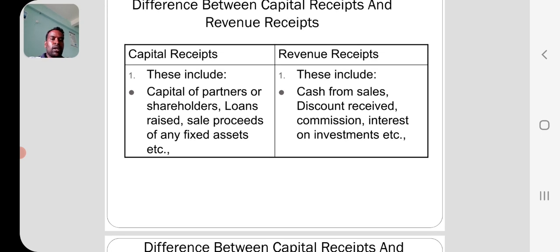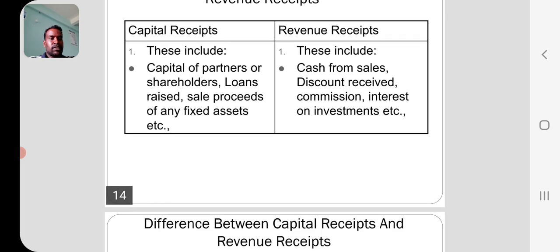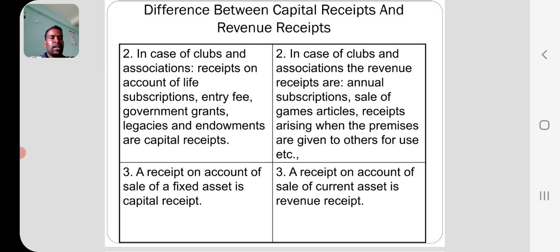Capital receipts include capital of partners, shareholders, loans raised, sale proceeds of any fixed assets, etc. Revenue receipts include cash from sales, discount received, commission, interest on investments, etc. In case of clubs and associations, receipts on account of life subscriptions, entry fee, government grants, legacies, endowments are capital receipts.